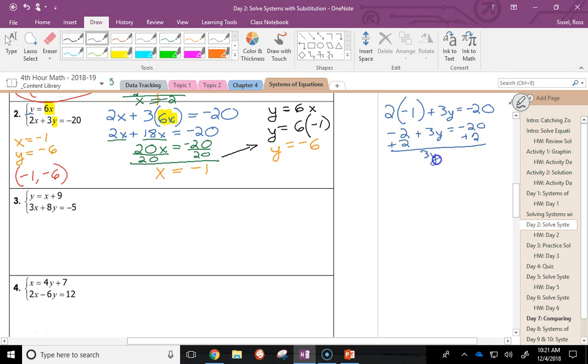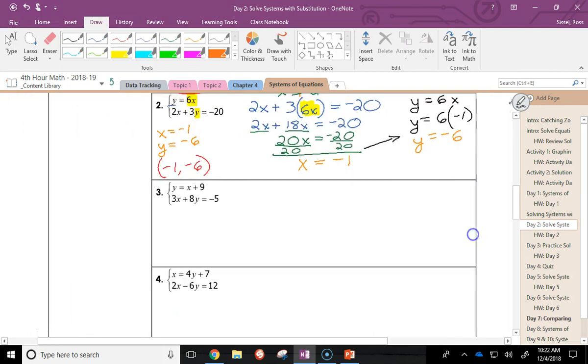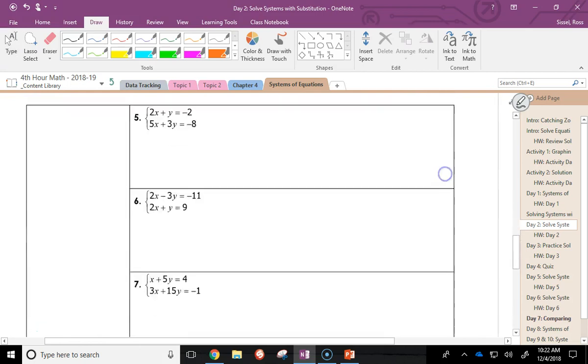I said 3y equals negative 18, divided by 3. Y equals negative 6. We still got the same answer, but this was one step where this was 1, 2, 3 steps. So let's just try to choose the one that's a little easier for yourself. Okay?